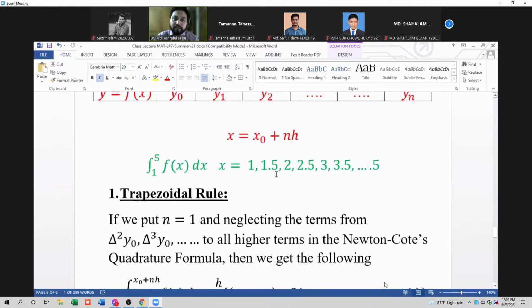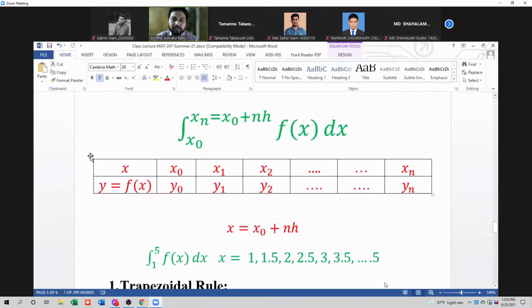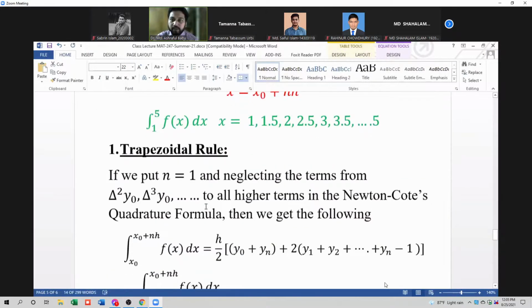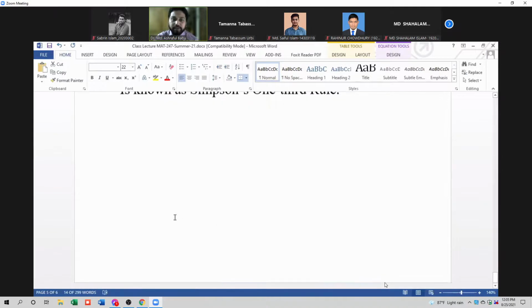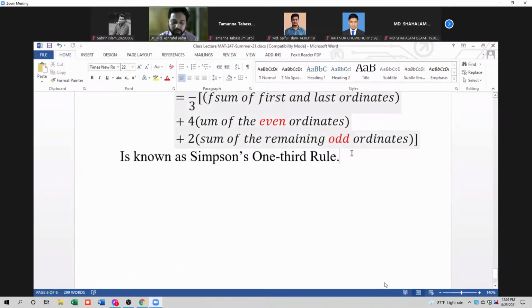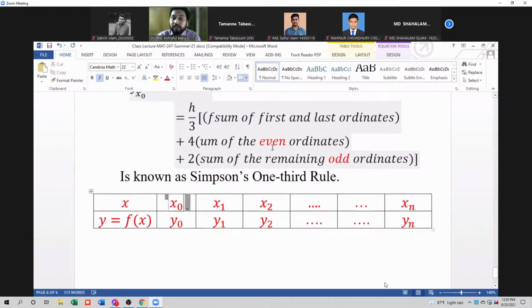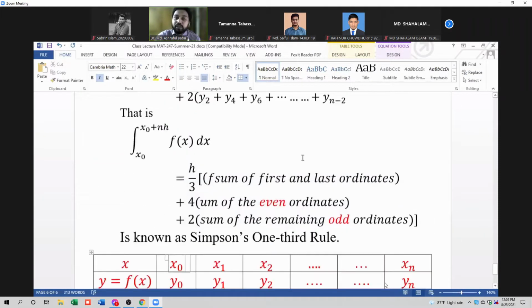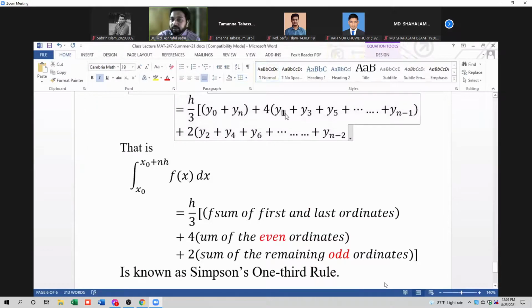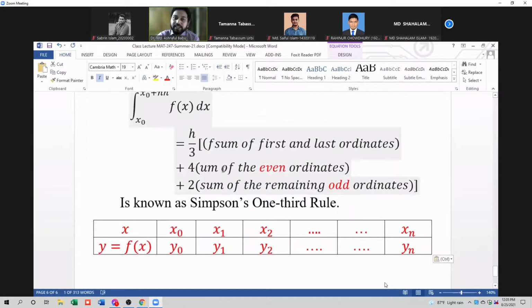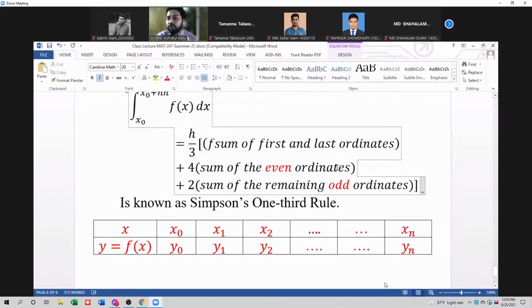If you look back at our table, you can understand properly. Our ordinates start from 0, so even and odd mean position, not the suffix. The suffix 1, 3 is not the position of the ordinates. So the sum of even ordinates means even position ordinates.